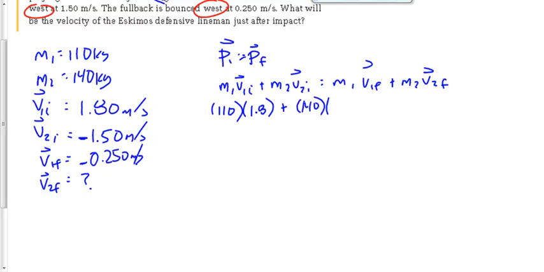V2I is negative 1.5. 110 times negative 0.25. There we go. Guys, this isn't any different than the last 3 or 4 questions that we've done, except that there's more terms here.